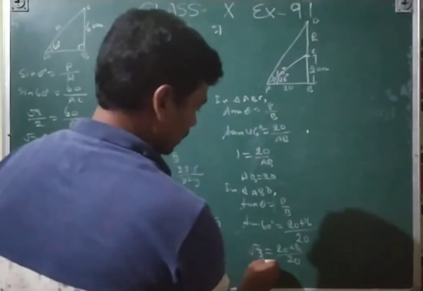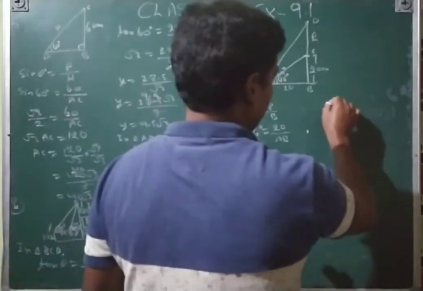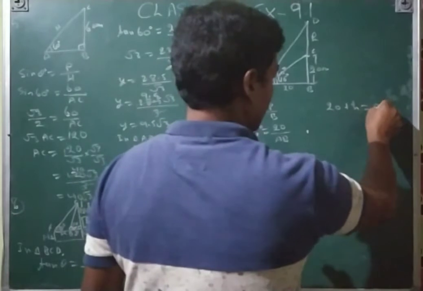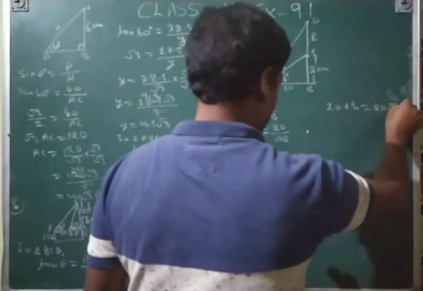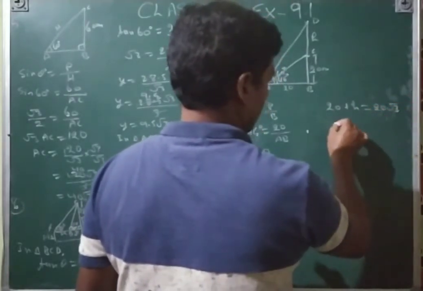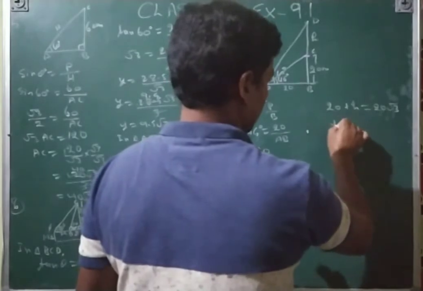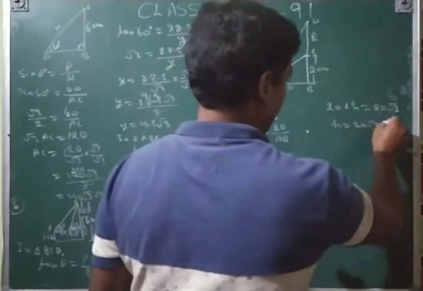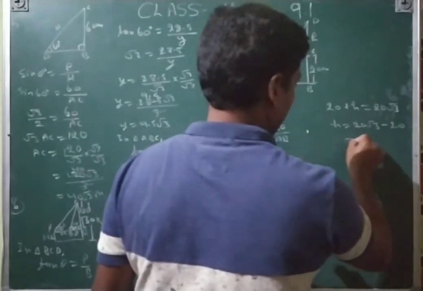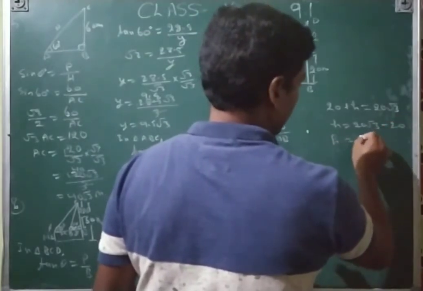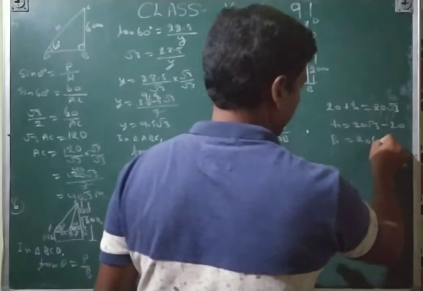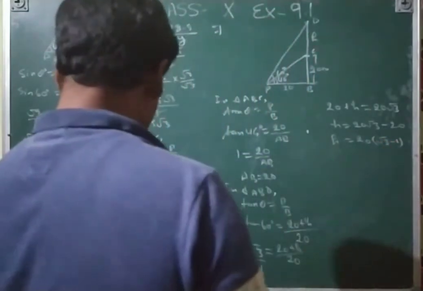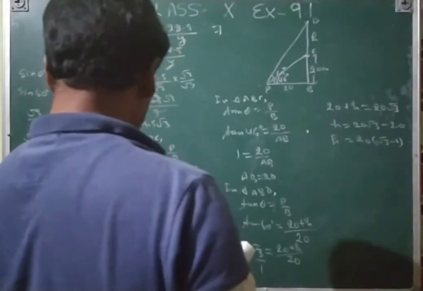By cross multiplying, 20 plus h is equal to 20 root 3. So h is equal to 20 root 3 minus 20. So h is equal to 20, which is common, times root 3 minus 1. That is the height of the tower.